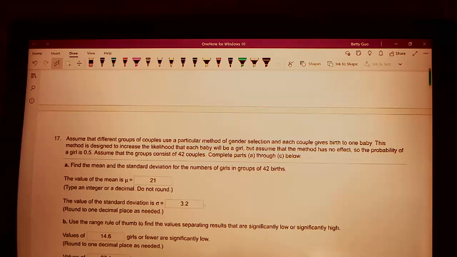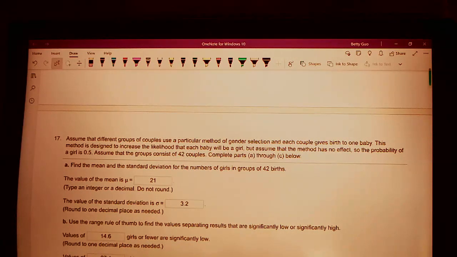Assume different groups of couples use a particular method of gender selection, and each couple gives birth to one baby. This method is designed to increase the likelihood that each baby will be a girl, but assume that the method has no effect, so the probability of a girl is 0.5.